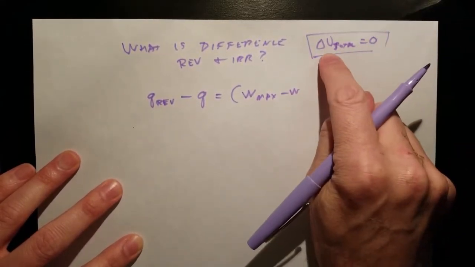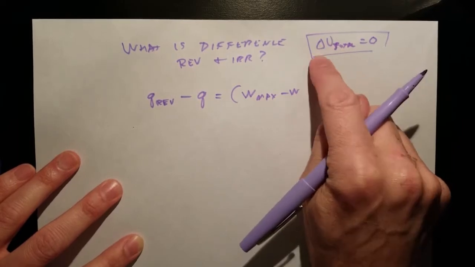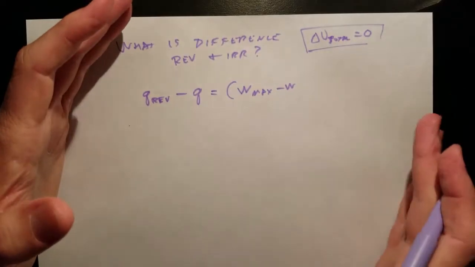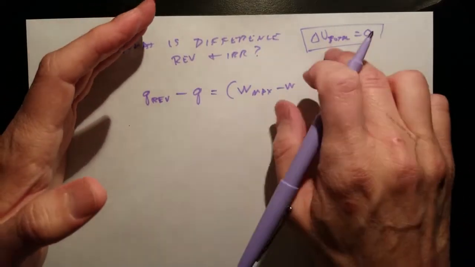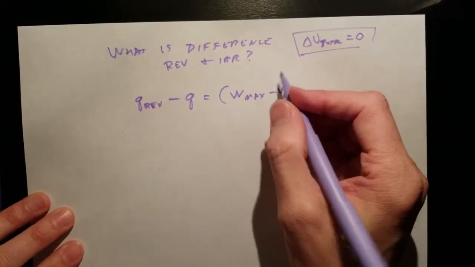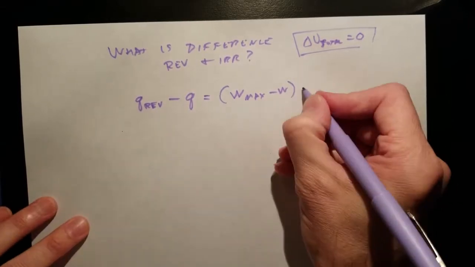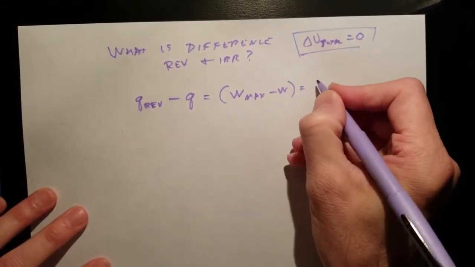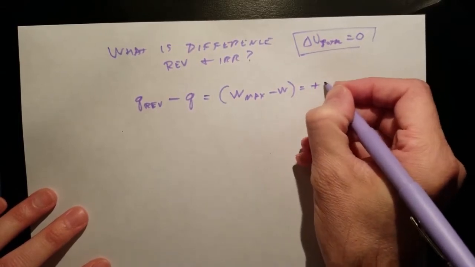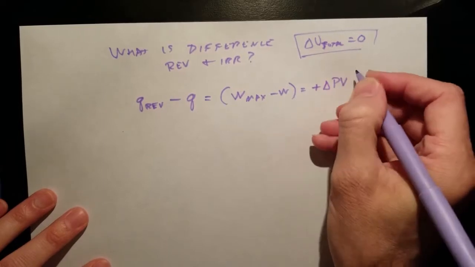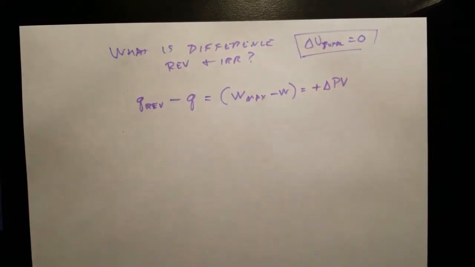The energy of the system changes, but the total, system plus bath, that's isolated, does not change. And this then is plus delta PV, right?